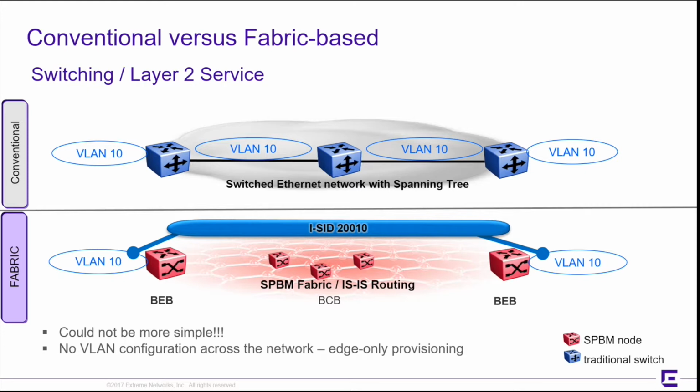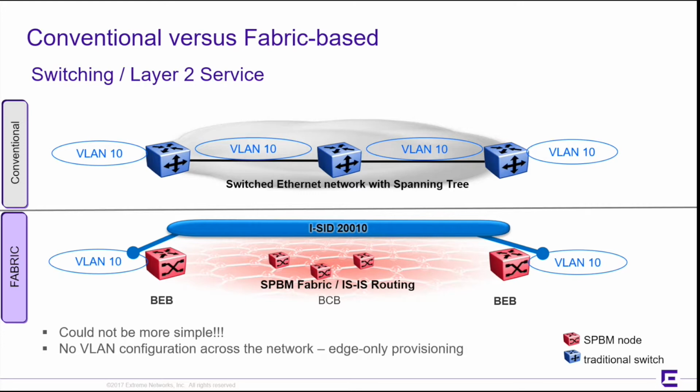Then at the bottom, the Fabric way that SPB handles it, Fabric Connect. As we mentioned last week, we configure that at the edges. Only the nodes that you see configured there, the one on the left and the one on the right, get the VLAN configured. We use an I-SID, service identifier, that ties it all together.